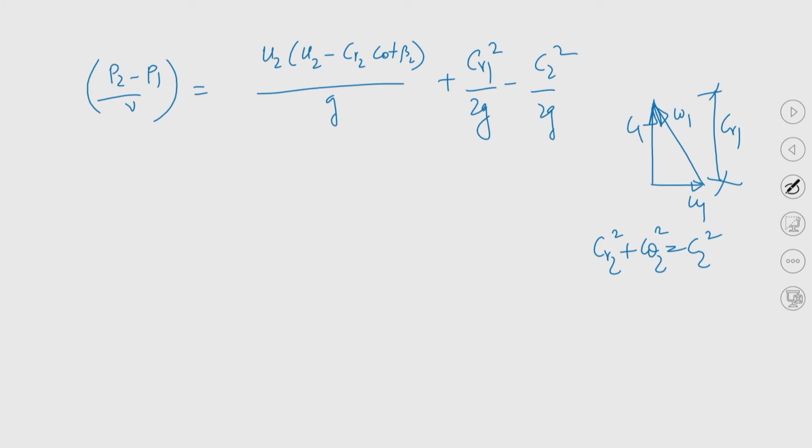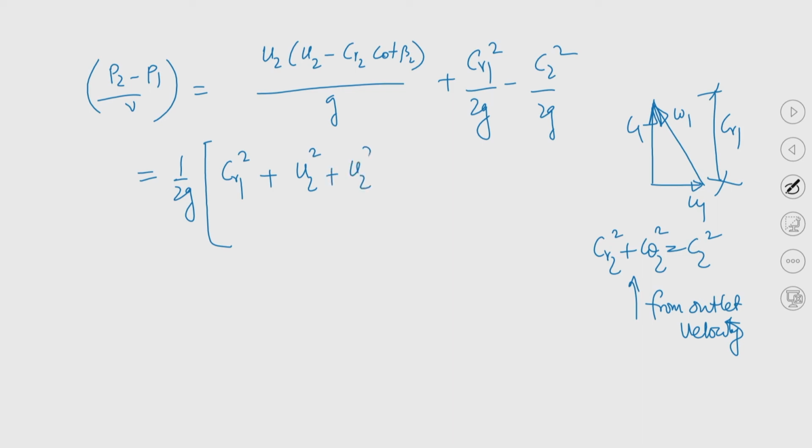If that is the case, we can write this expression as 1 upon 2g CR1 square plus, this 2 will be multiplied over there, so we can write U2 square plus U2 square, that is 2 U2 square, minus twice U2 CR2 cot beta 2, minus C2 square.